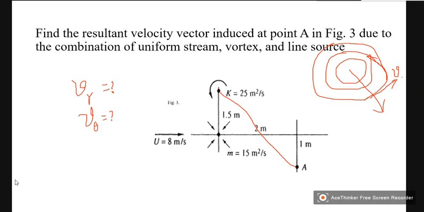This is V theta. And what is Vr? Radial velocity, sir. What is its value? 0. Because the flow is tangential, the radial component of velocity will be 0, and there will be only tangential component of velocity. So we have to use the expression for V theta.